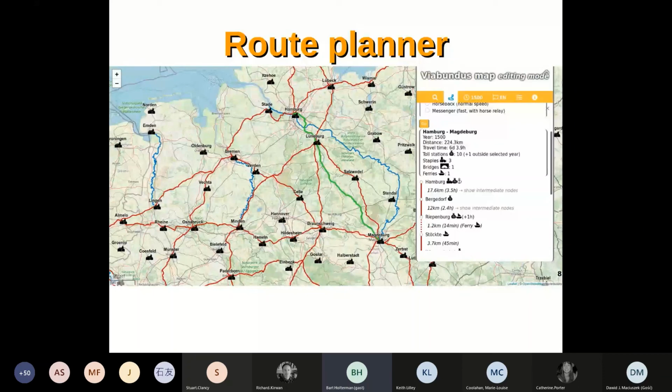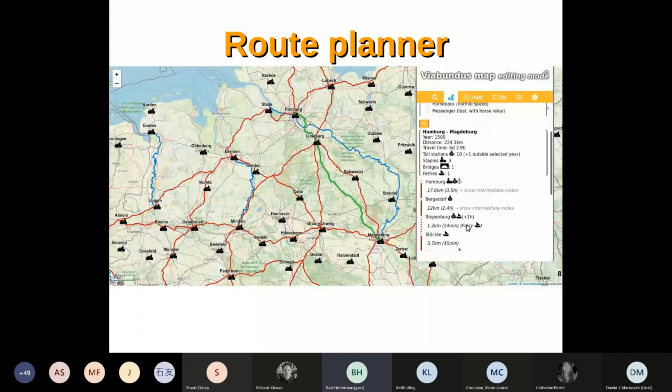And it gives you some basic information about the road, like, for example, the total distance, the travel time for various modes of transport. It counts a number of attributes that you pass on this route, for example, the number of toll stations, bridges and ferries, and so on. And it gives you an itinerary with the visited places.